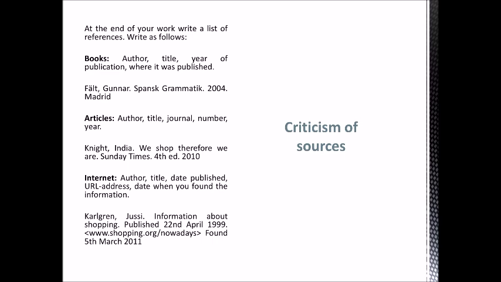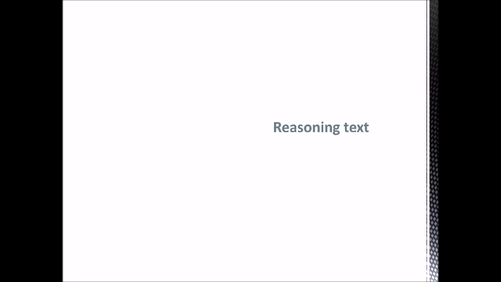So if you have a book, you should start with an author and then comma, title, comma, year of publication, comma, where it was published. So depending on what you're doing, use these instructions, and in your mind map, write down the exact way of stating your sources in the list of references, so you don't have to look it up again on Wednesday.